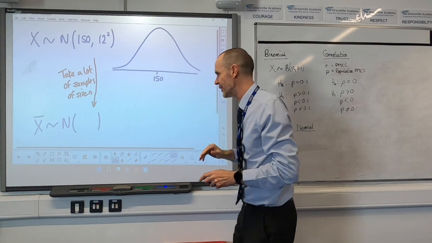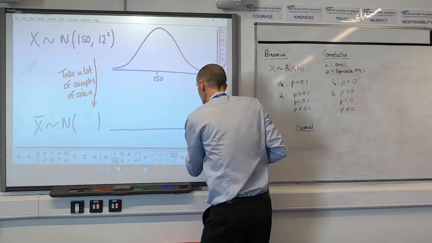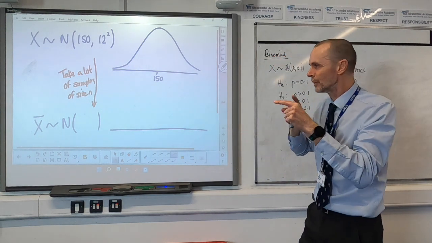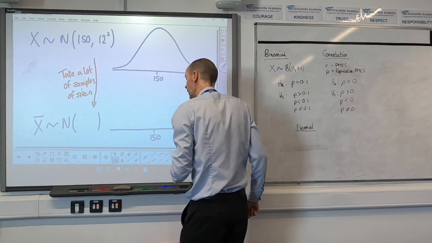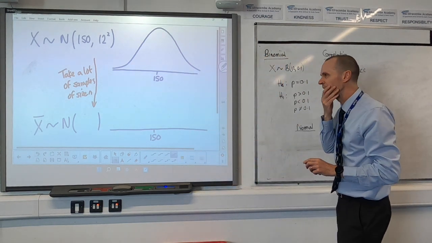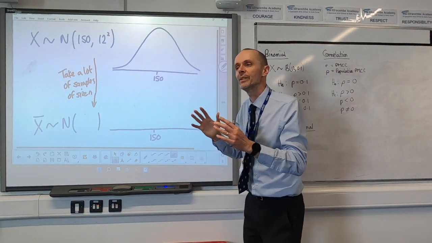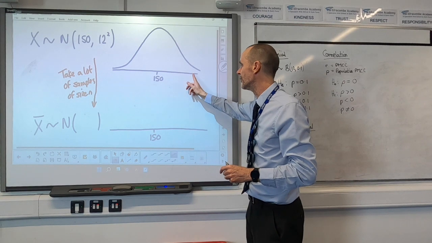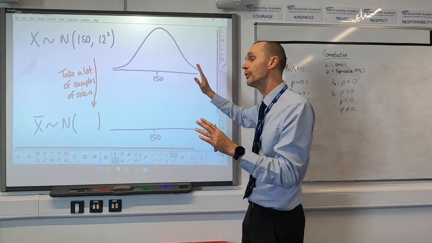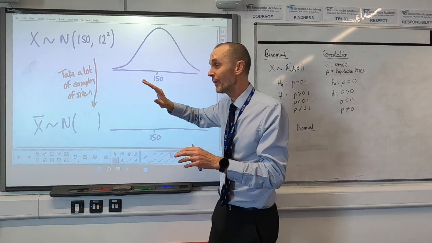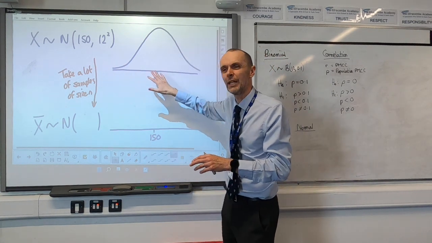And the fact is that although the mean of the means of all of those samples should still be roughly 150, you're never going to get a sample of, say, 20 students from the school with a mean of this height, because any sample, if chosen well, will have a few tall people and a few short people. So actually, you're going to always end up with a value in the middle here.